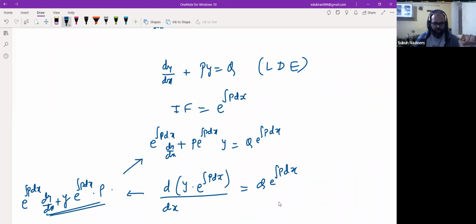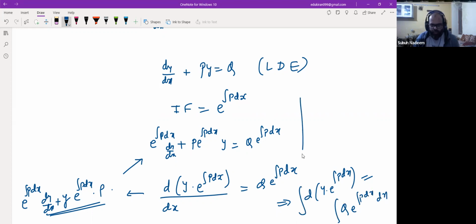Now this is the derivative of y into e to the power integral p dx, the integrating factor, equal to q into e to the power integral p dx. Now both will be integrated. On the left hand part, integral and derivative will cancel and it will be y into e to the power integral p dx, and the right part you have to find out.